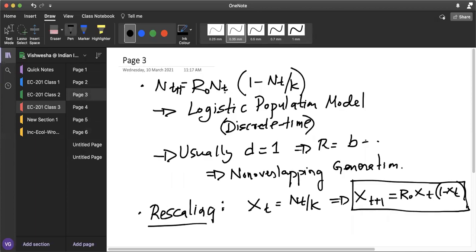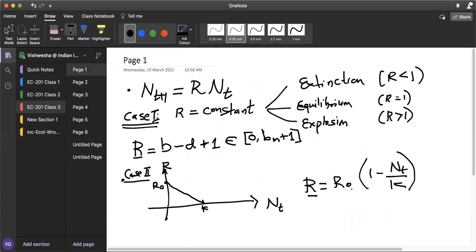When we define this, R is equal to R0 times 1 minus N by K. If R is a measure of resources in some way, which then causes births and deaths, we said that when N is equal to K, R is 0, meaning the births and deaths cancel out. For every individual in the current generation, there is nobody for the next generation.